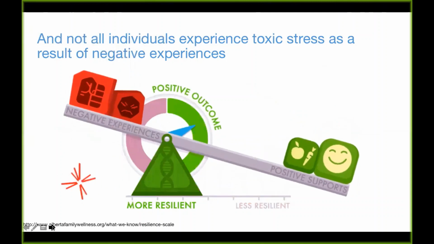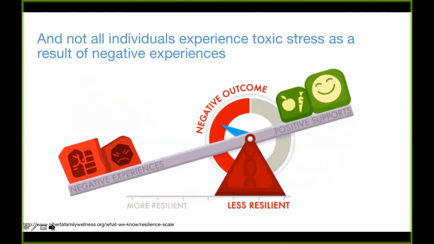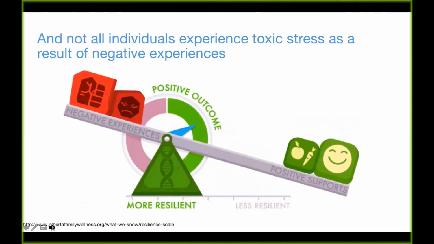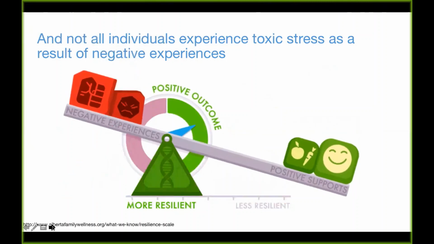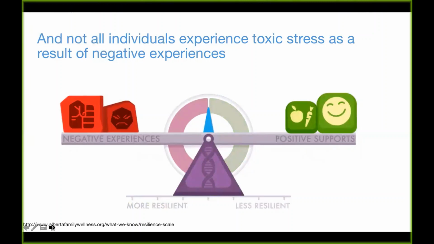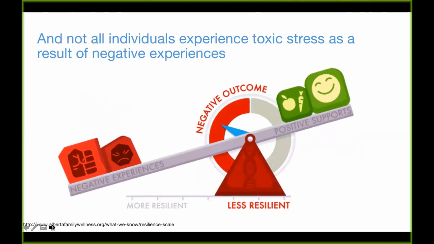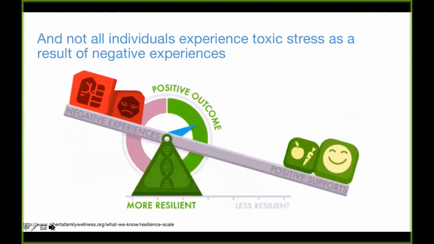I also want to note here that there are many potential pathways through which a person's health may be influenced by their social experiences. So we're focused on ACEs as a risk factor for toxic stress. The broader term social determinants of health often refers to structural factors that influence health. For example, access to healthcare services, transportation, income, education.